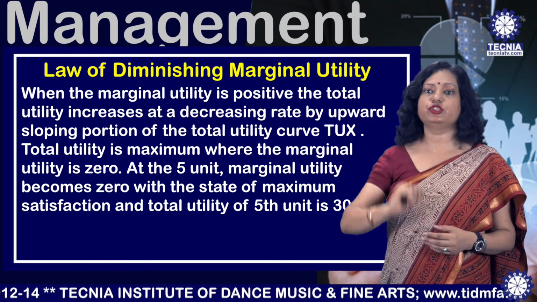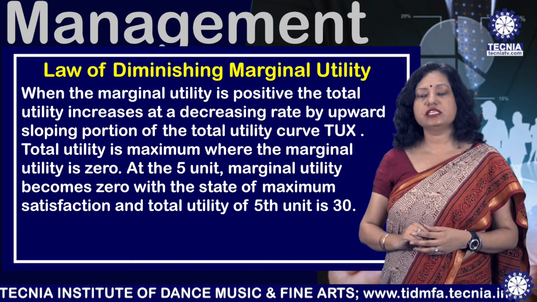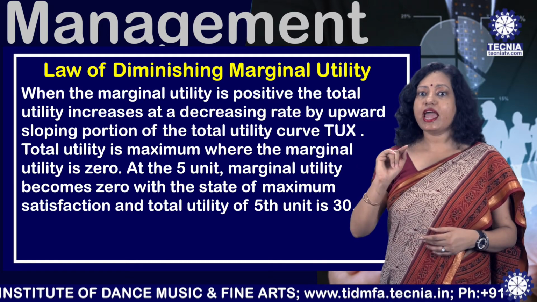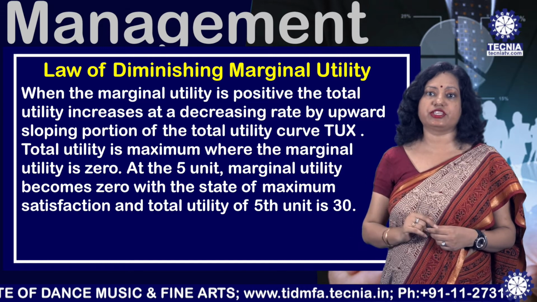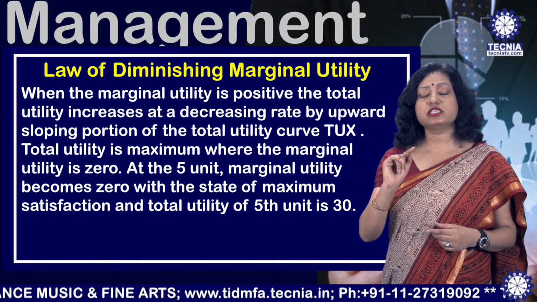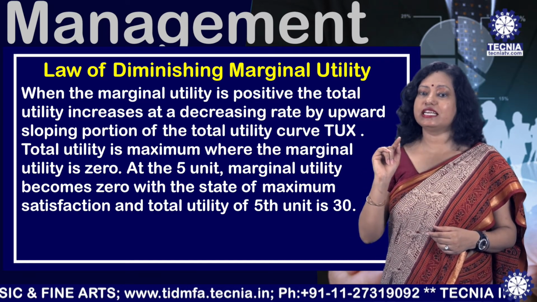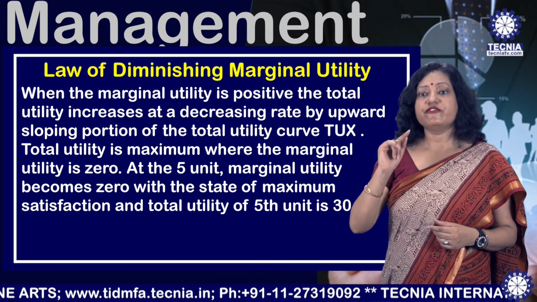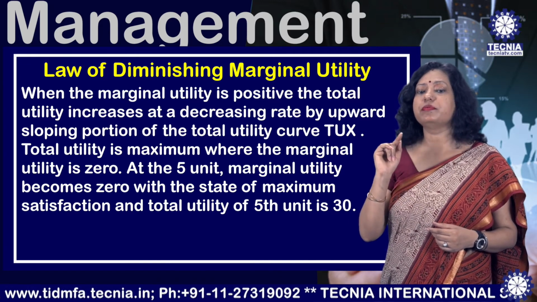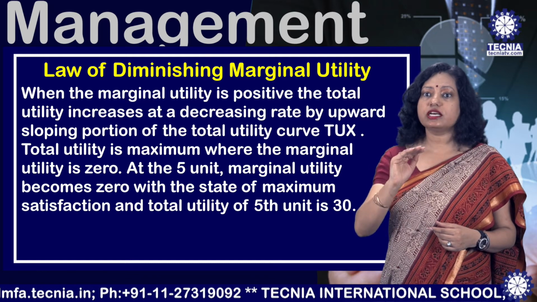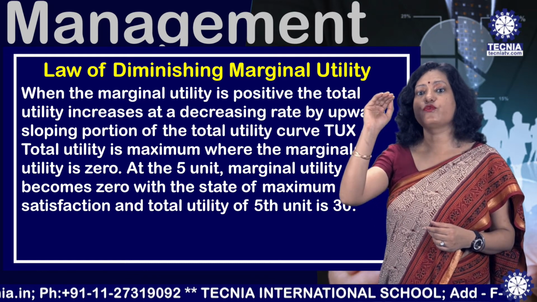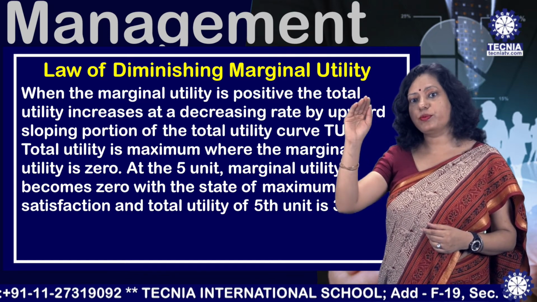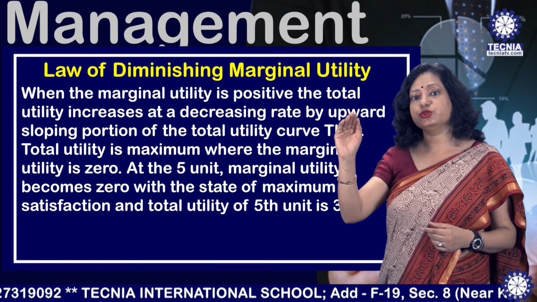At the 5th unit, marginal utility becomes 0, the state of maximum satisfaction, and the total utility of the 5th unit is 30. When marginal utility becomes negative, the total utility curve starts to fall, shown by the downward sloping portion of the total utility curve.